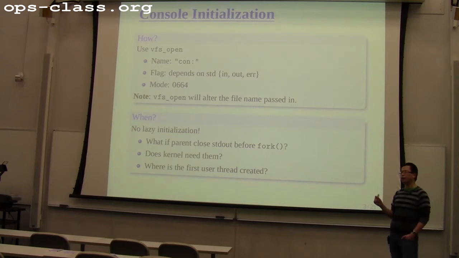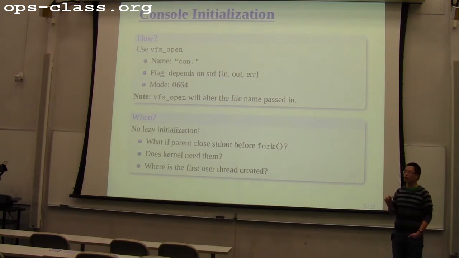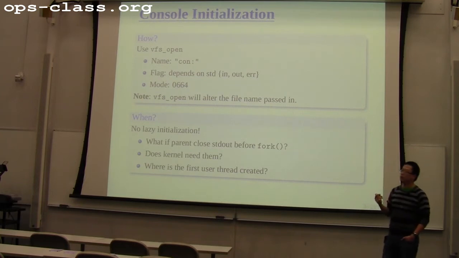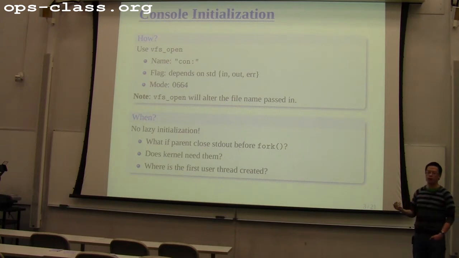So in that function, you want to set up the console files stdin, stdout, stderr for the first user thread, and then just leave it alone. So in sys_read and sys_write, you don't have any special cases to check if the FD is 0, 1, 2 and if the corresponding file handle is null. You can just treat them all universally, all as normal files, right?